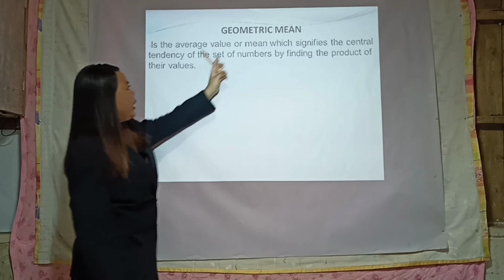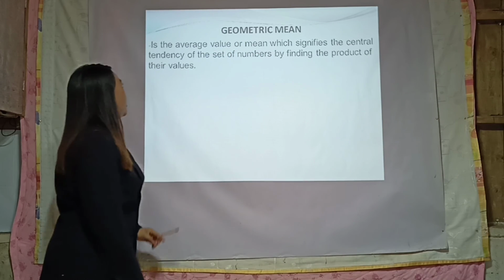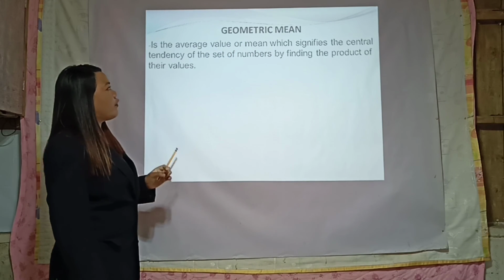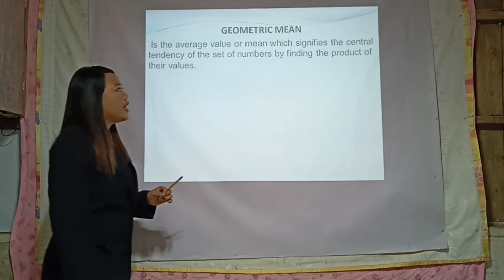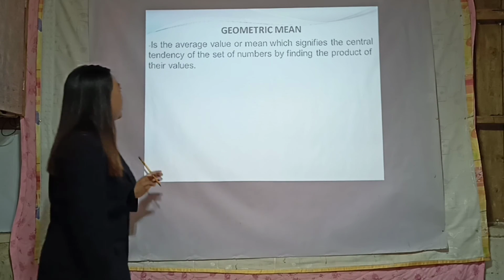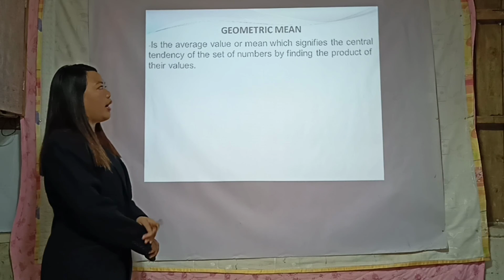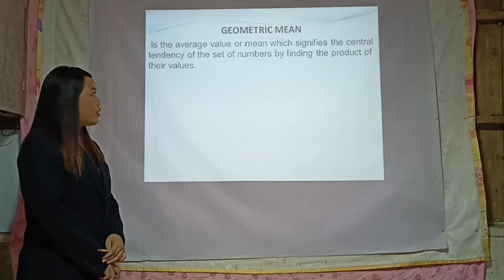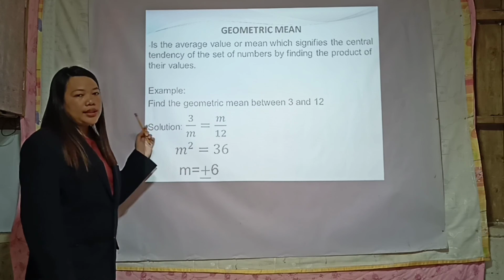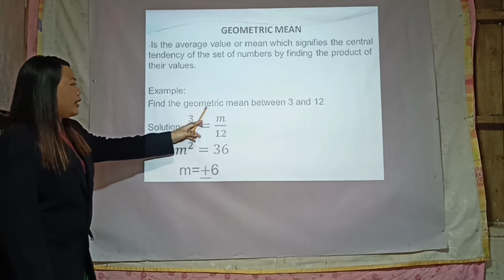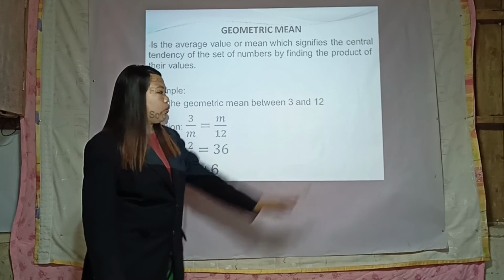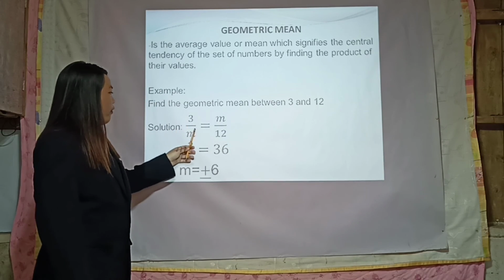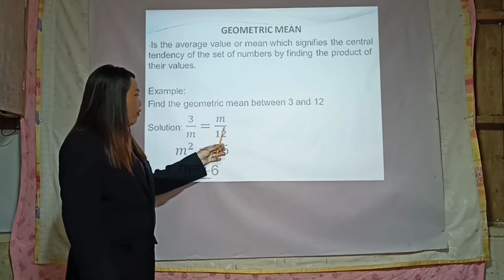So, now let's proceed to geometric mean. So, it is the average value or mean, which signifies the central tendency of the set of numbers by finding the product of their values. So, example, find the geometric mean between 3 and 12. Solution, 3 over m is equal to m over 12.